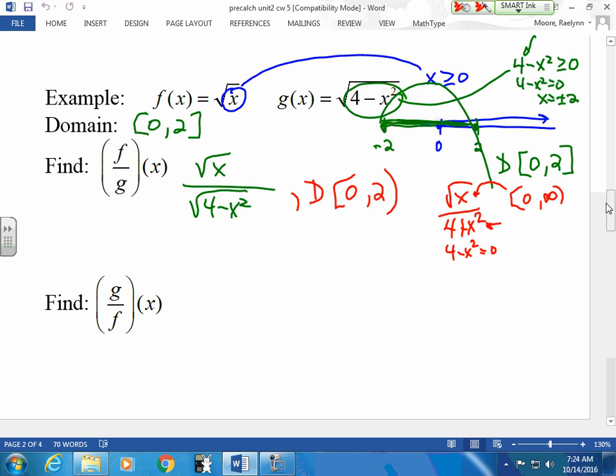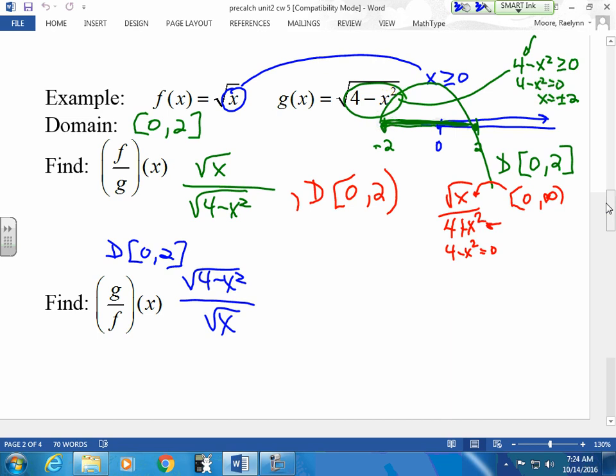So you have to take a look at which way this is going. Now the flip side of this says, take g and divide by x. Now remember your domain was from 0 to 2. What's going to change now in my domain? The 0.